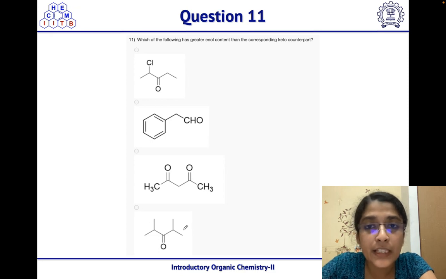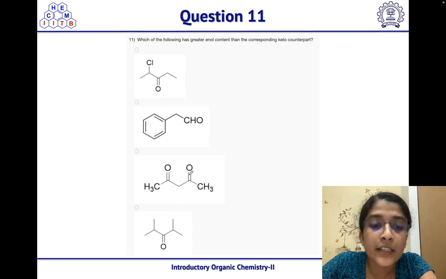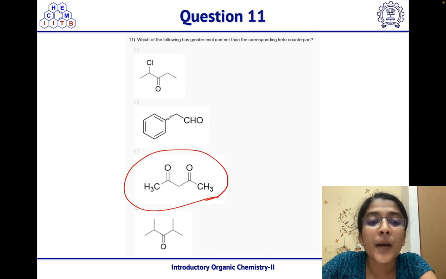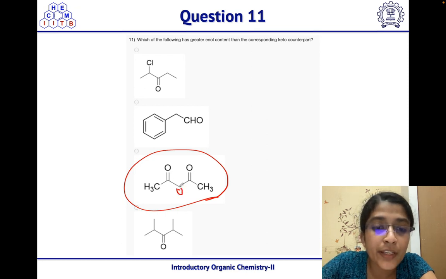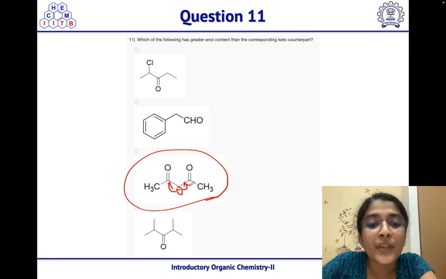As we have seen in the previous case, here there will be more resonance stabilization compared to all other cases where there is a single ketone. When an anion is formed here, it can resonate to this side as well, this side as well. So more resonance stabilization will be there, and because of that the enol content will be more.